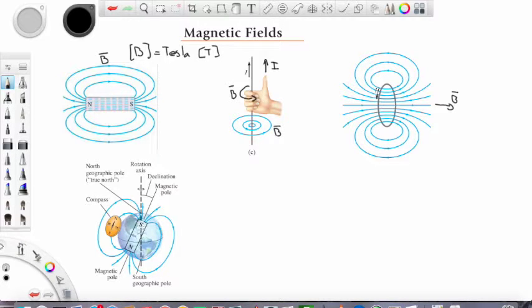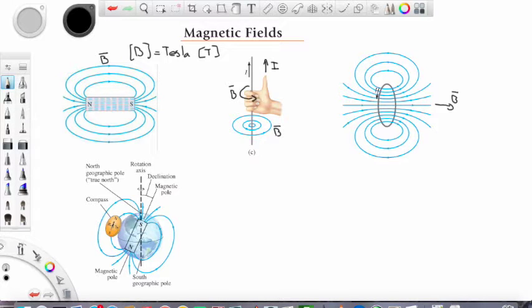But in fact, the magnetic field is believed to be due to the charges flowing in the liquid core of Earth. So whenever there are charges flowing, that means there's current inside the planet in this case, and that will form these magnetic field lines.